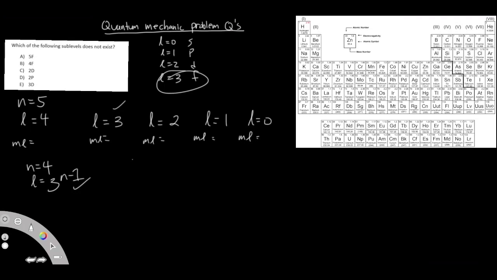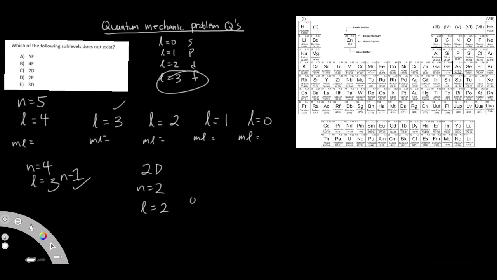Next, we have our 2D. So let's try a 2D. Well, if we have 2D, n is equal to 2, but how about our D value? Well, L is equal to 2. All right, so does that work out?